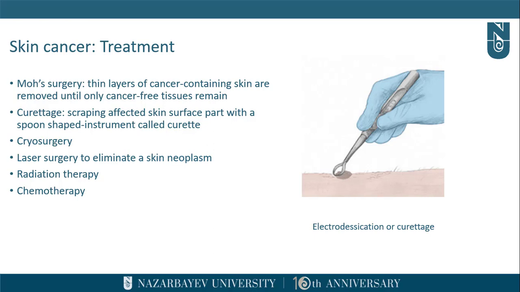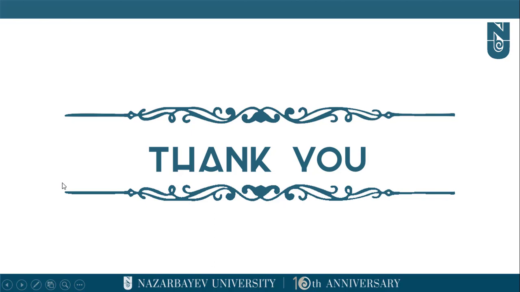And also there is curettage or electrodesiccation, that is using a spoon-shaped instrument called a curette, and scraping the affected skin surface. Cryosurgery as well is the use of liquid nitrogen to remove the abnormal tissue. Laser surgery to remove the skin neoplasm.